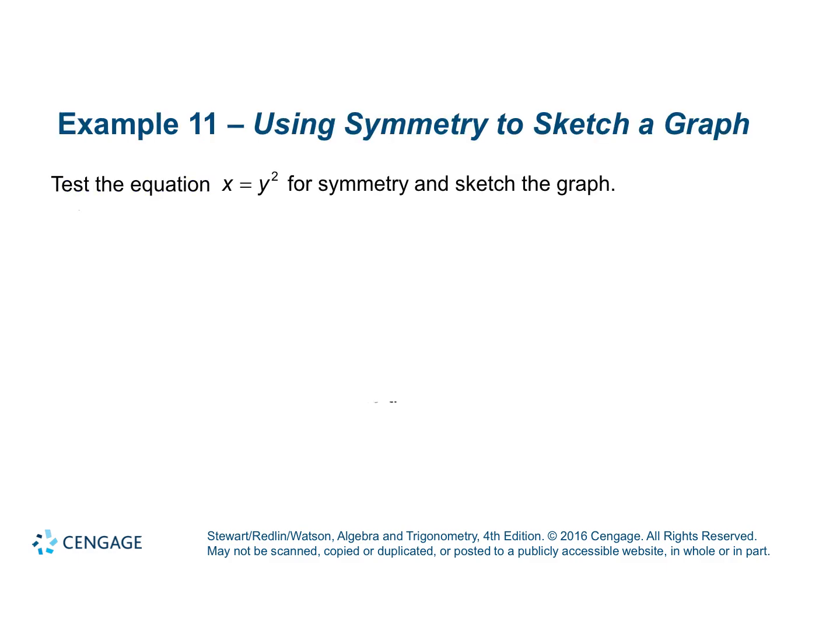So they want us to test the equation x equals y squared for symmetry and sketch the graph. So I'm going to write symmetry with respect to the x-axis. I misspelled that, it's two M's.